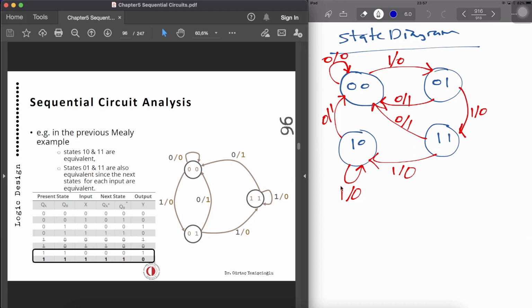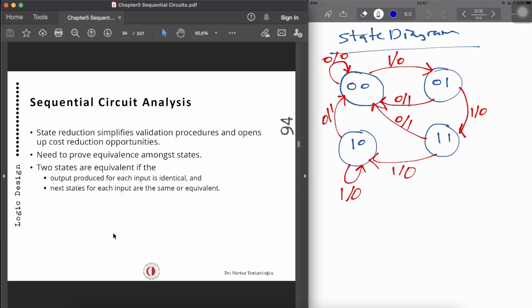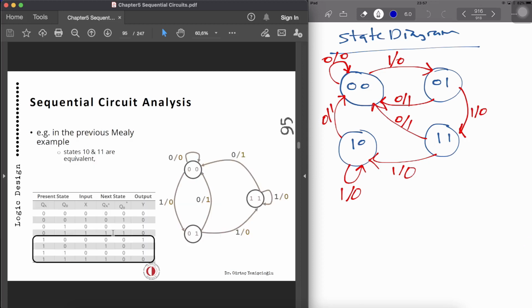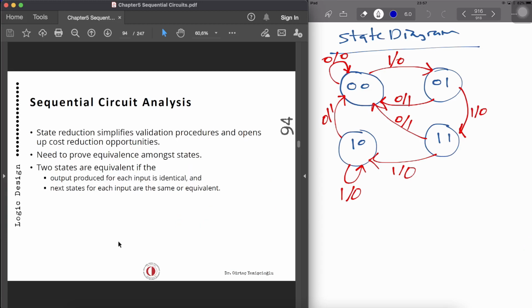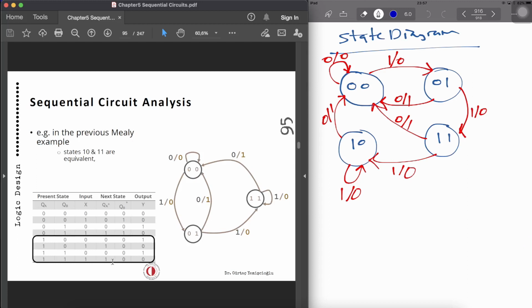We just have 1, 1, and whenever we want to jump to 1, 0, we jump to 1, 1. This was 1, 0, now it is 1, 1. That's replaced.